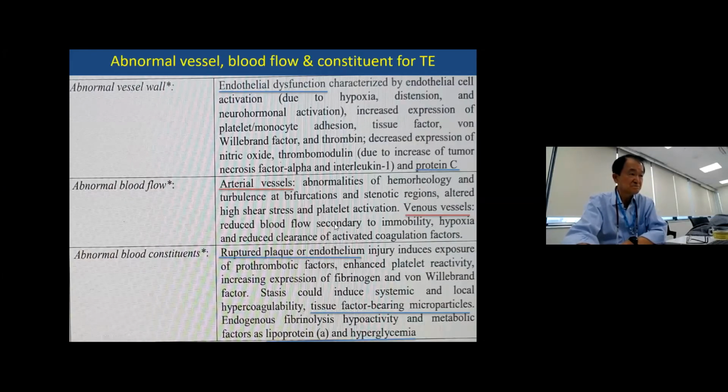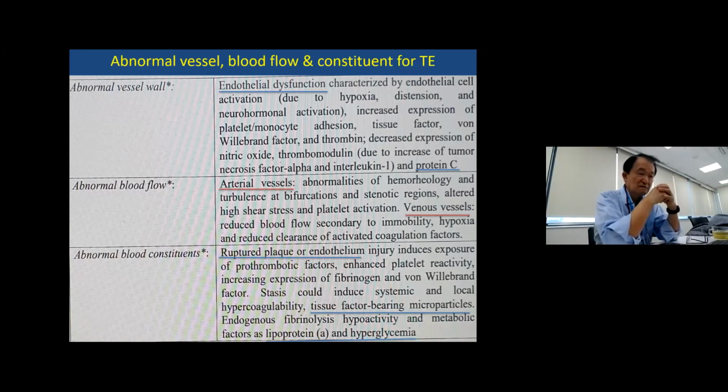So again, blood flow, arterial, particularly at the bifurcation in the brain. That's what we call the anterior communicating, that's the anterior cerebral artery, middle cerebral, that junctional area.